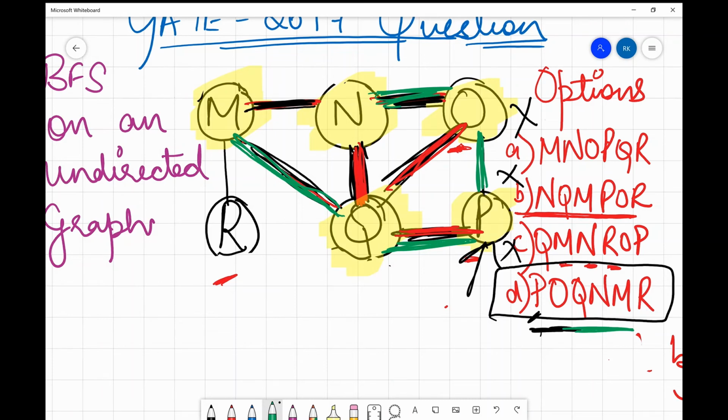After N, the next element which is coming is M. Now finally we process M, and when we process M, there is only one child which is R. So the next node is R, and we mark it as visited, and we finally get to our answer. This is the correct answer, and we have solved this question using the shortcut method.